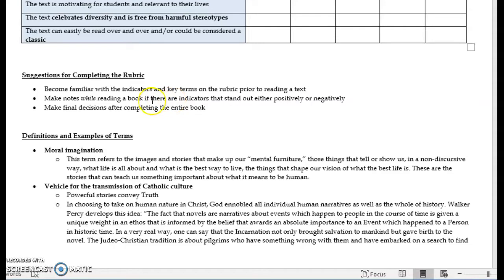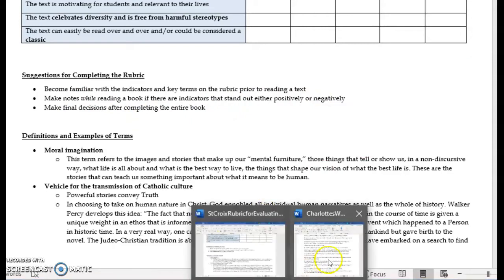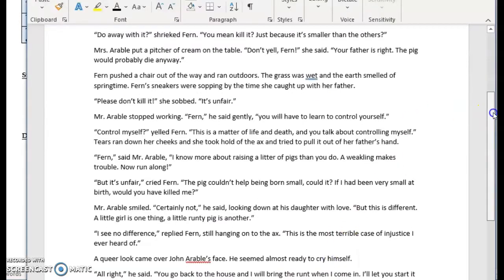So definitely become familiar with the indicators and the key terms on the rubric prior to reading a text and evaluating it. Make notes while reading your book, whether the indicators that stand out to you are positive or negative. And then after you finish the entire book, make final decisions of which level for each indicator. So for Charlotte's Web, Chapter 1.